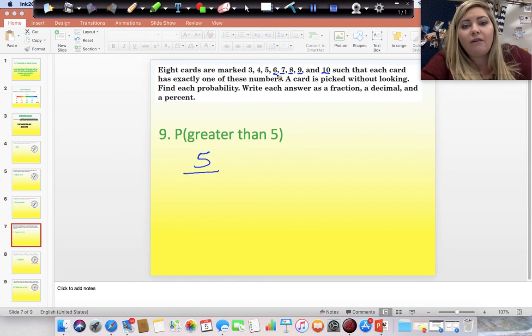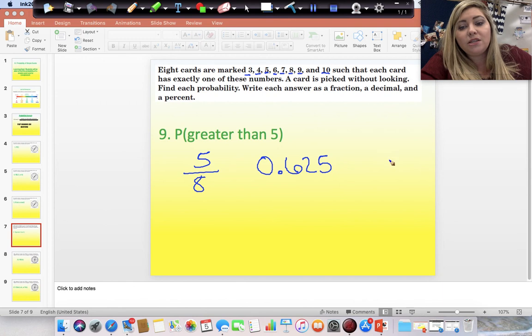In total, we have 8 numbers. So 5/8 is our fraction. To find our decimal, we divide top by bottom, and we get 0.625. To find our percent, we move our decimal place 2 places to the right, and it is 62.5%.